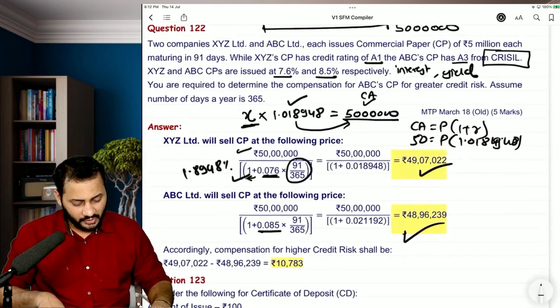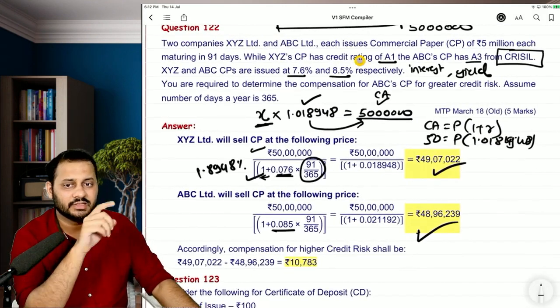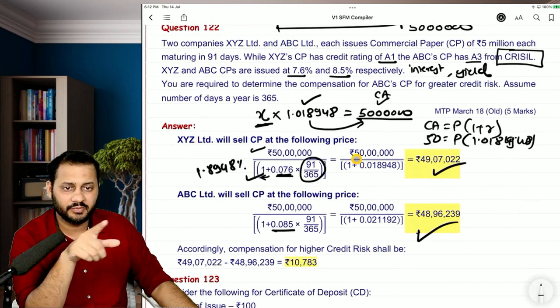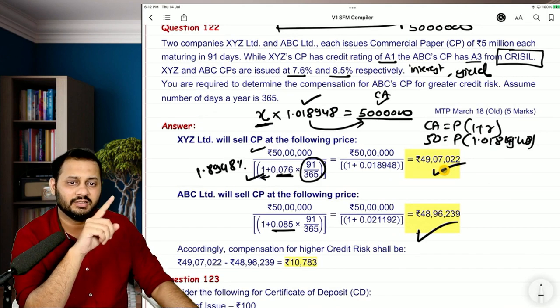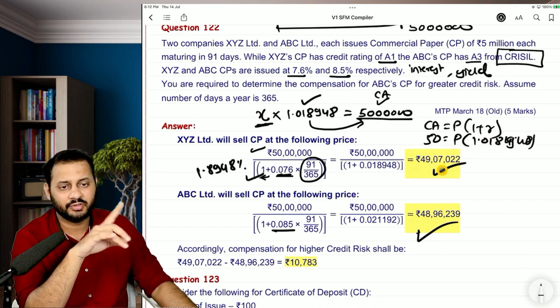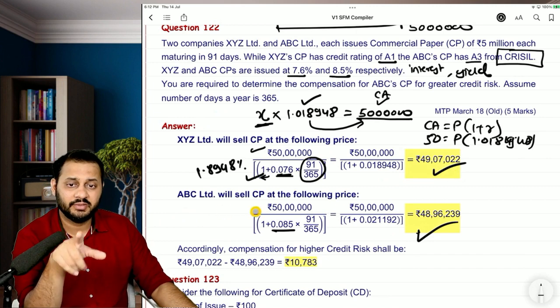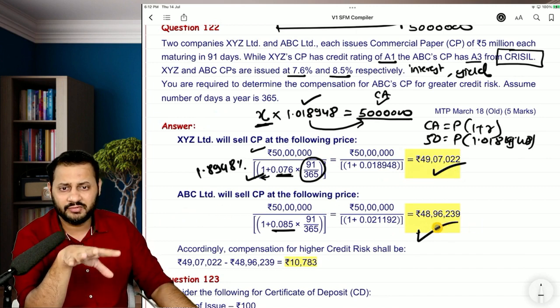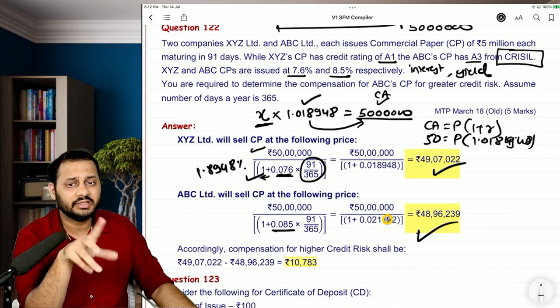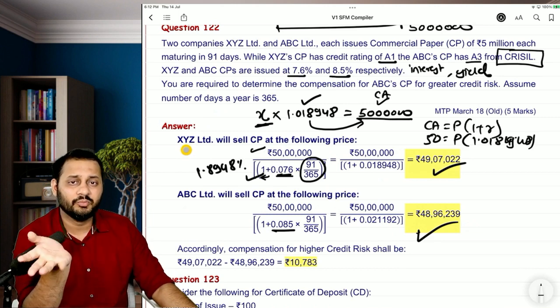See, now we will first look at the analysis. XYZ Limited's commercial paper issue was 49.07 lakh. They received this much amount, and for ABC Limited they received 48 lakhs. So can we understand one thing, that XYZ Limited received more amount? Why?